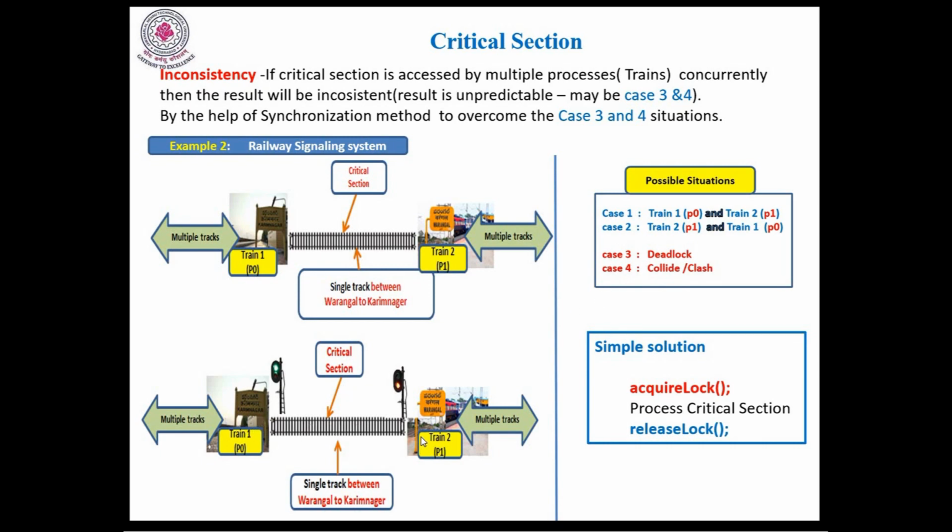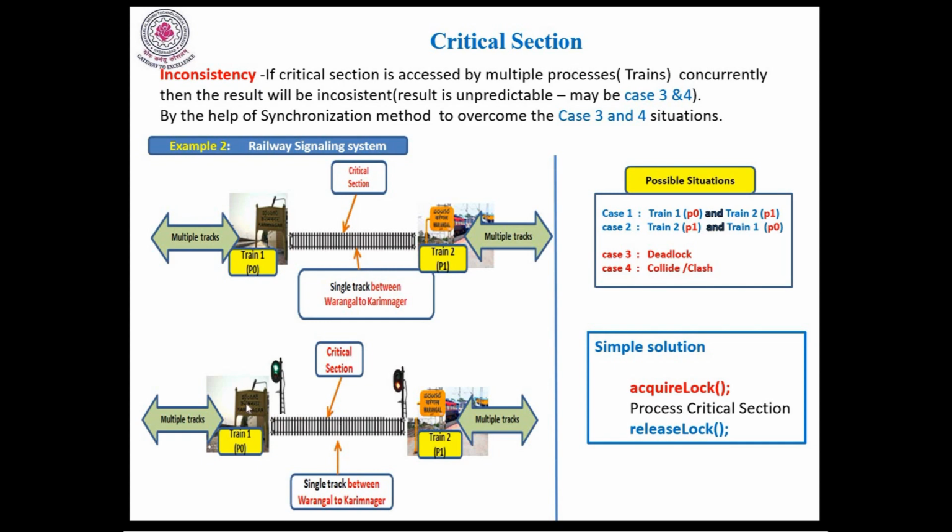If both the trains want to enter into the critical section, the 2 trains must submit a request for entering into the critical section to the signalman. The signalman will look at this track to see whether it is free or not.